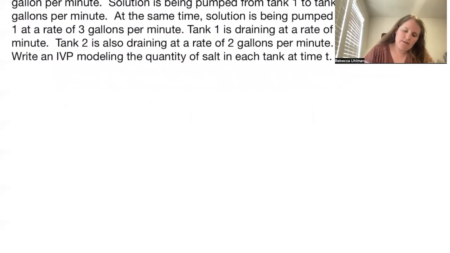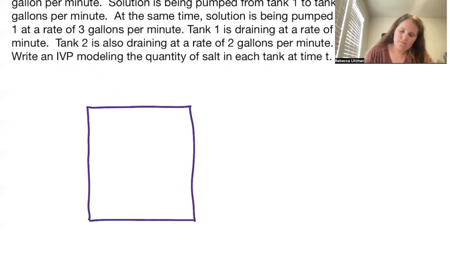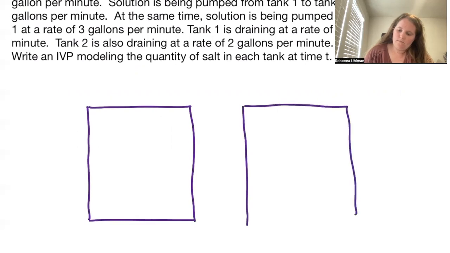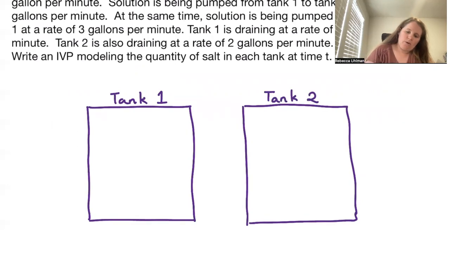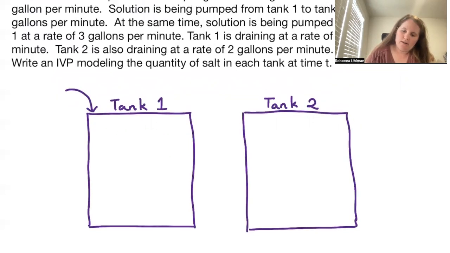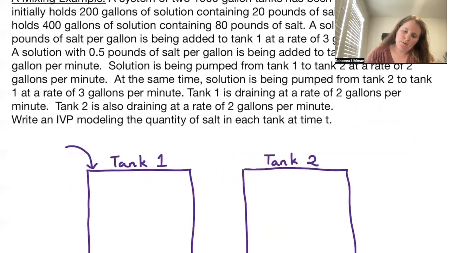We have two tanks. Tank 1 and tank 2. We have water being added to tank 1 at 3 gallons per minute.